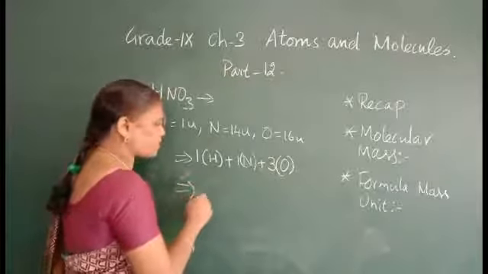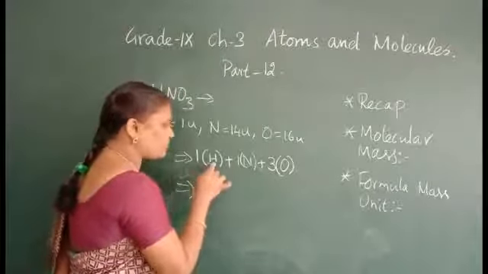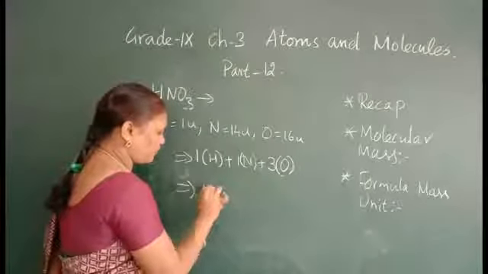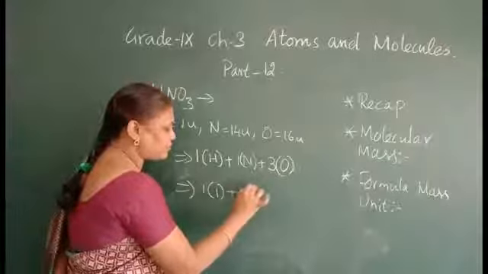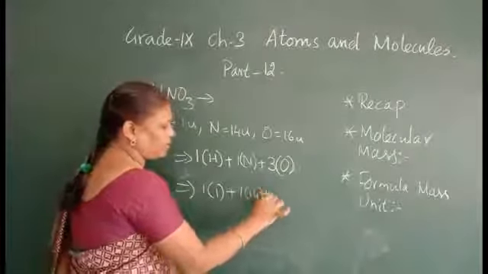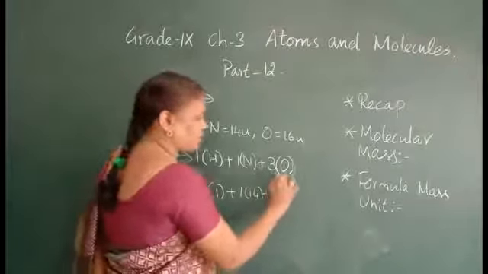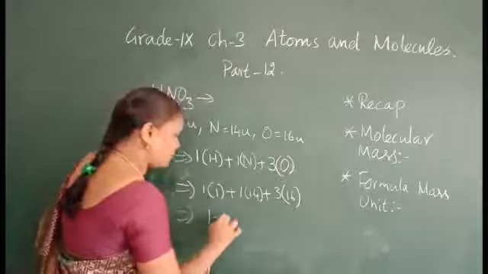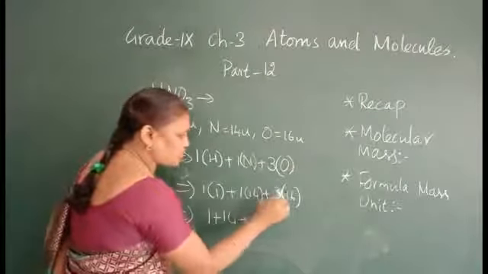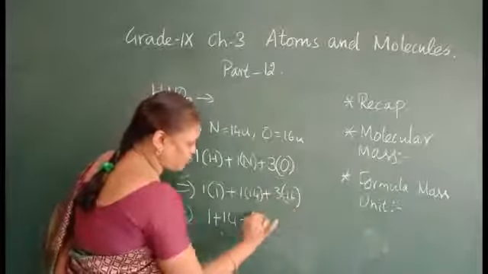Now what is the molecular mass of nitric acid, HNO3? It is 1 into, you have to supply the value, 1. Hydrogen atomic mass is 1. Nitrogen is 14. And oxygen is 16. So 1 plus 14 plus 3 into 16, which is 48.